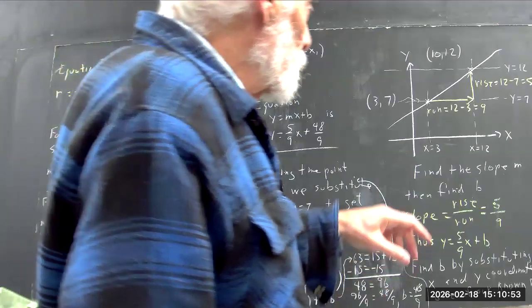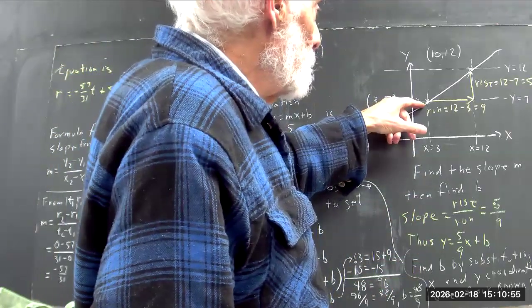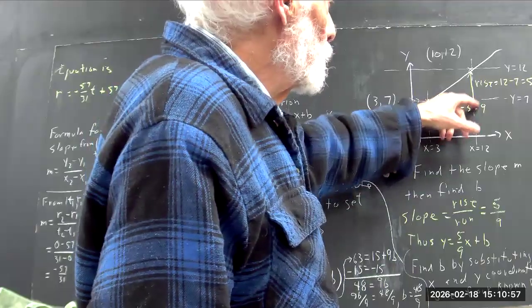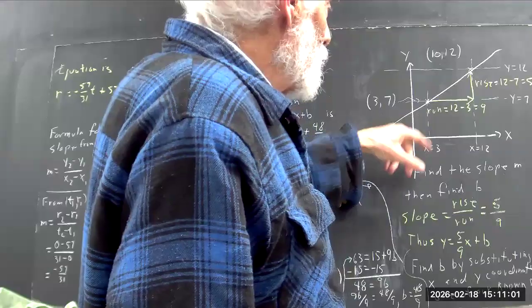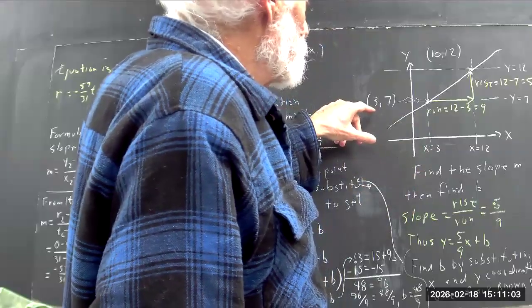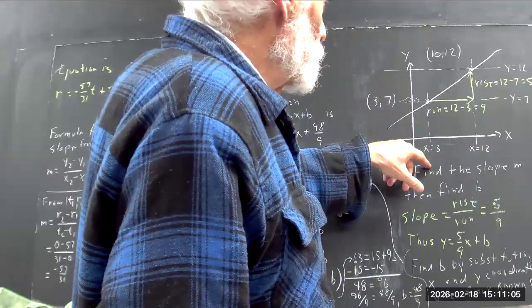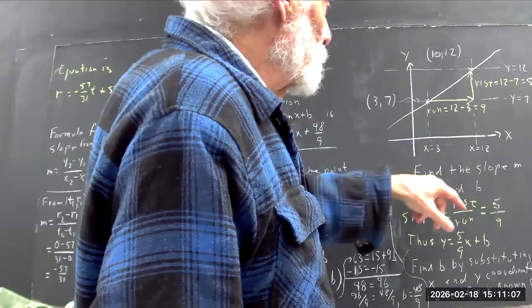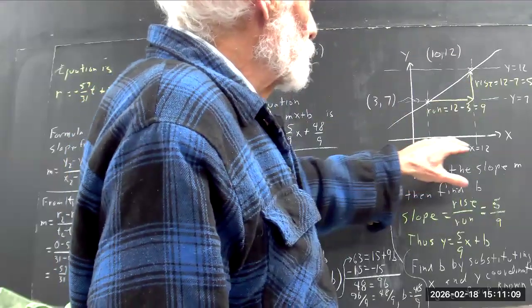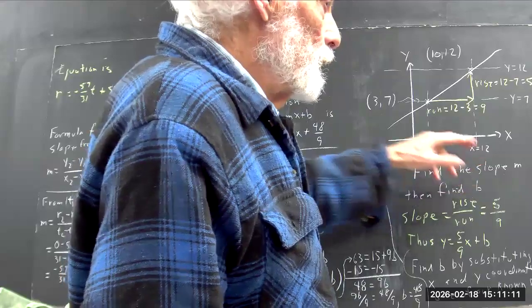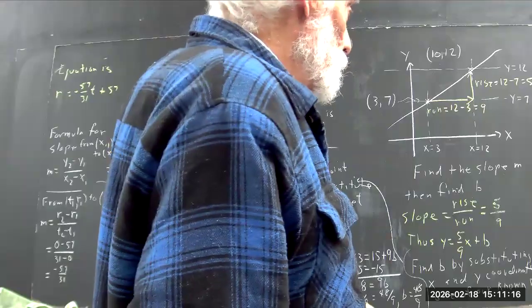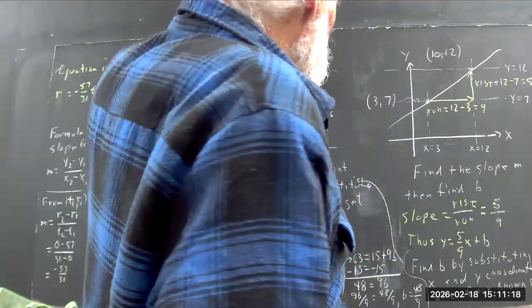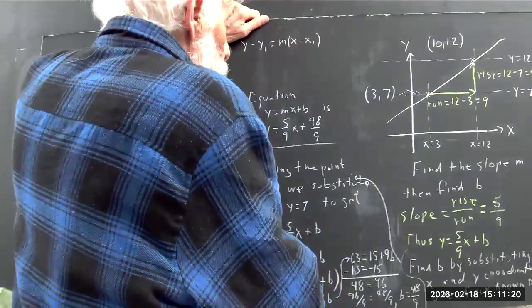Then if we draw a horizontal line from 3, 7 until we're right under the point 12, 10, that line is going to run from x equals 3 to x equals 12. Run is in the horizontal direction. X is traditionally graphed in the horizontal direction.